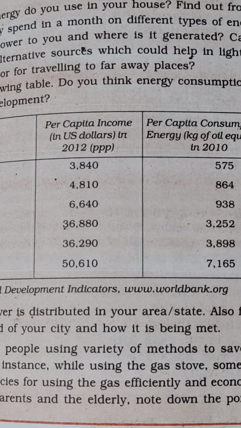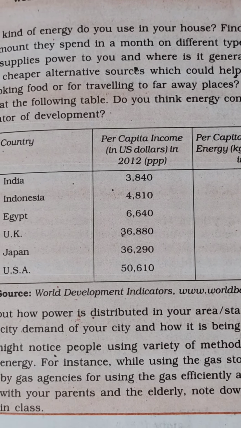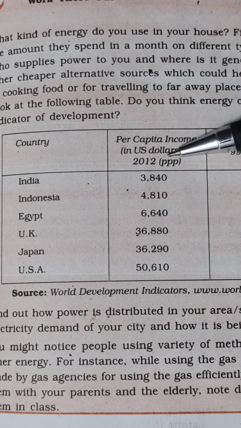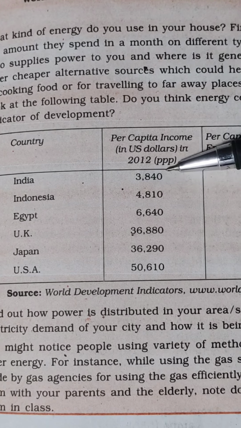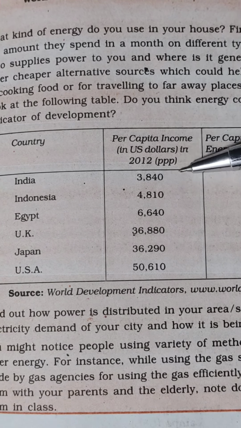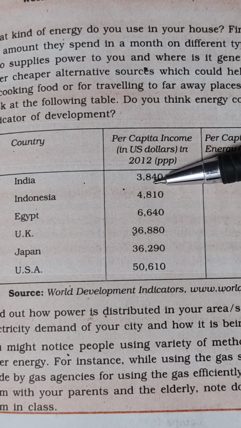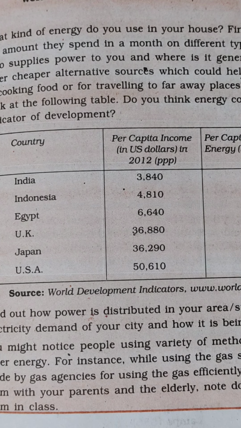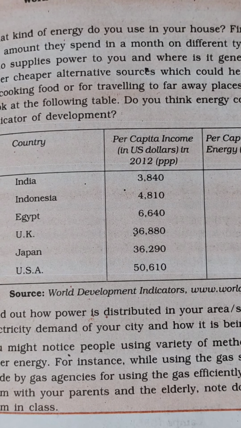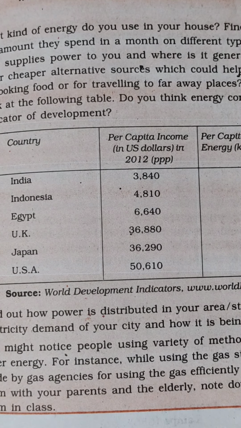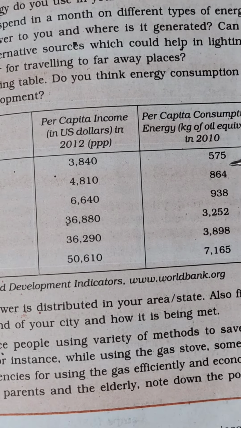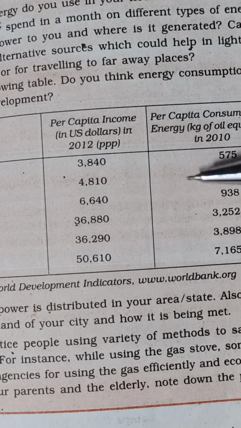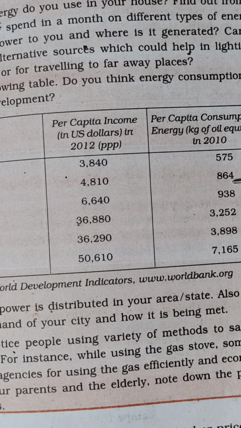Do you think energy consumption is an effective indicator of development? Certainly it is. You can just see for yourself. India, per capita income in US dollars, 2012 PPP, is 3,840, and the per capita consumption of energy, kg of oil equivalent, in 2010 is 575. Then the next is Indonesia, 4,810 PPP, and this is 864.